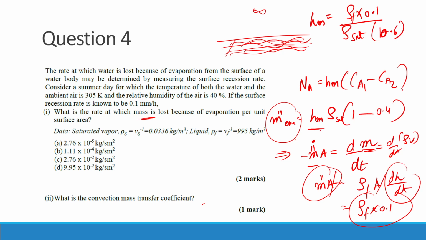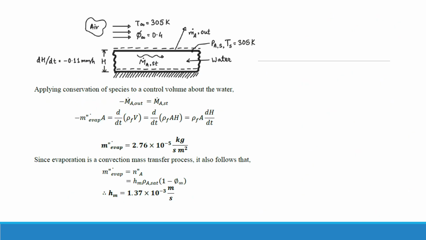You can try replacing them, and the final answer of the mass rate will be 2.76, and the convection mass transfer coefficient will come around 1.37 times 10 raised to minus 3. You can try solving this on your end and you will get this answer. This is the solution.